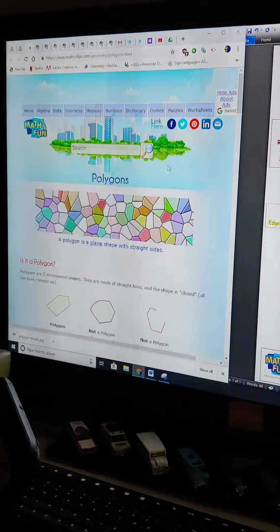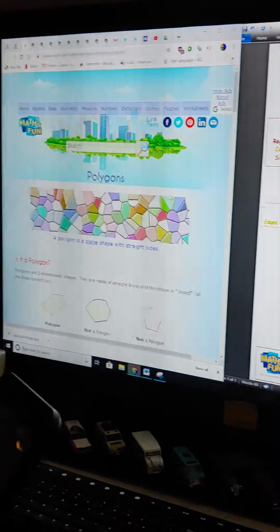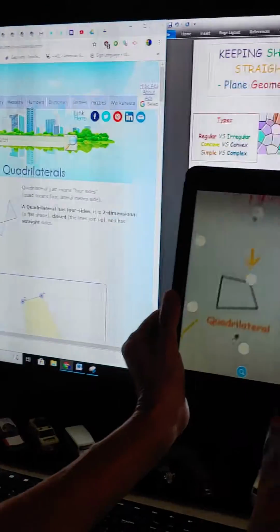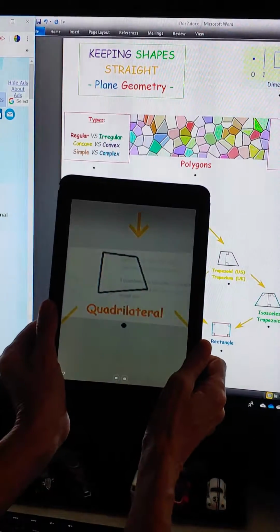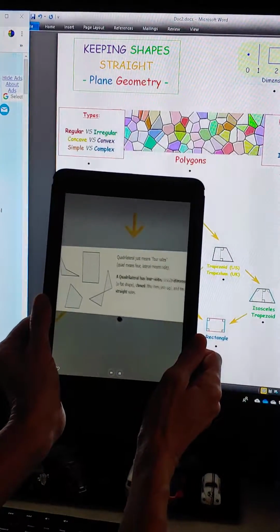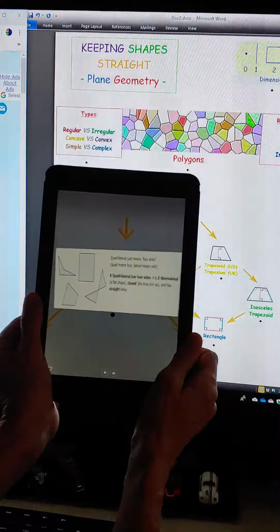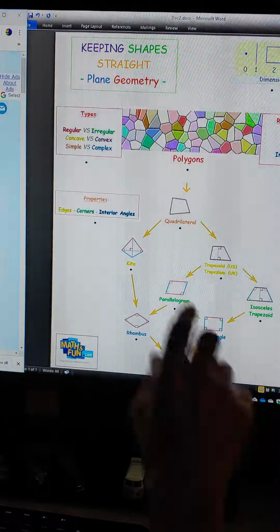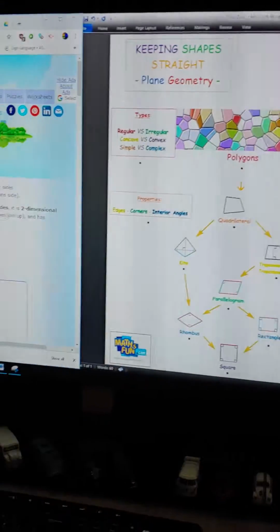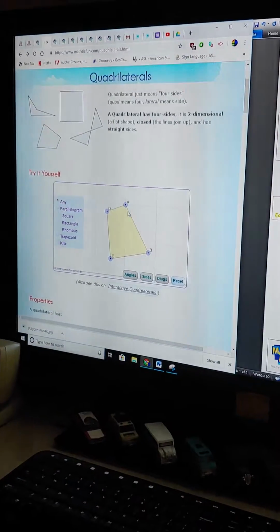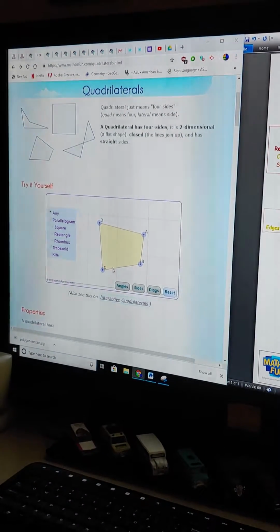These were available on many of these. Like with the quadrilateral, I would love to add the basic image. So like here, this quadrilateral. Quadrilateral just means 4 sides. A quadrilateral has 4 sides, 2-dimensional, flat, closed, joined up straight lines. Well, I would also like to be able to double click on that and get over to a link on Math is Fun, because it has an interactive that you can play with.